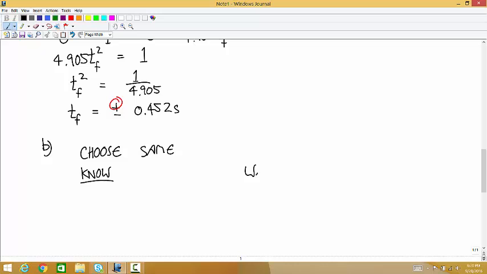What we know and what we want. Well, we know all the old stuff. And we also know that time final is equal to 0.452 seconds. And this time what we want to find is PFX.